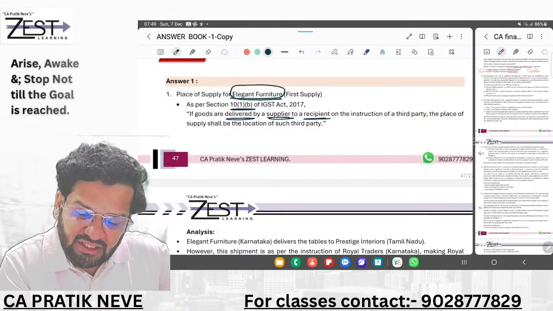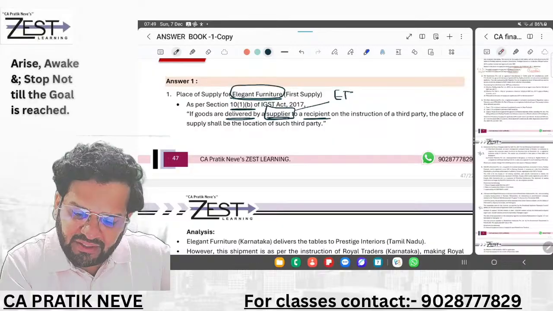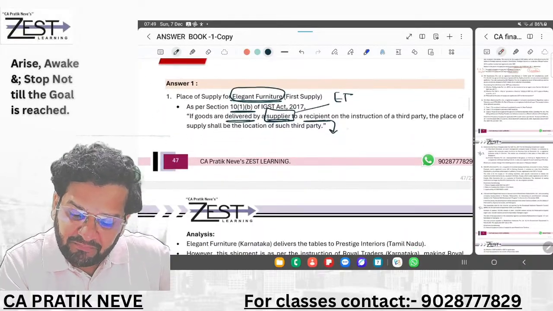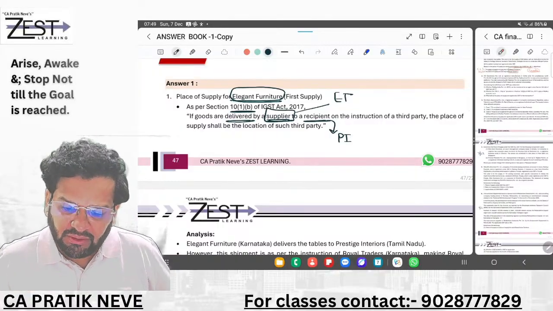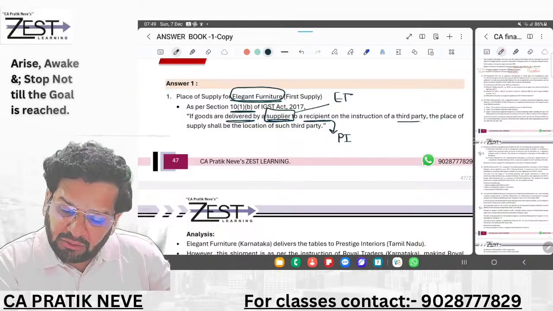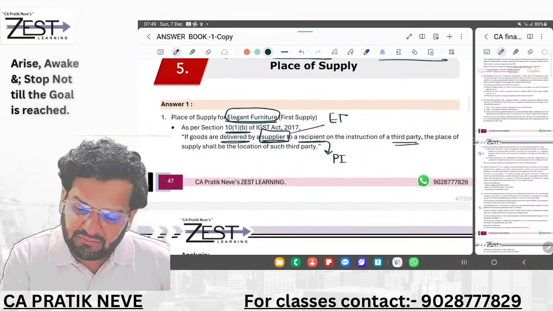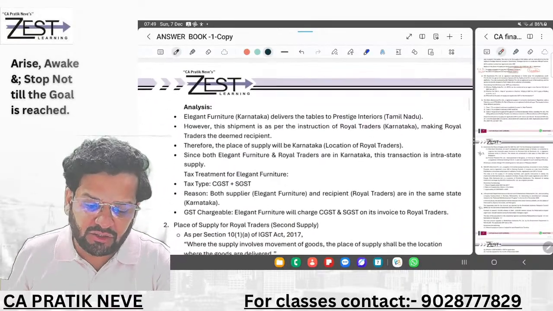So if goods are delivered by the supplier, means Elegant Furniture, to the recipient, means PI, on the instruction of the third party, means RT, the place of supply shall be the location of such third party.